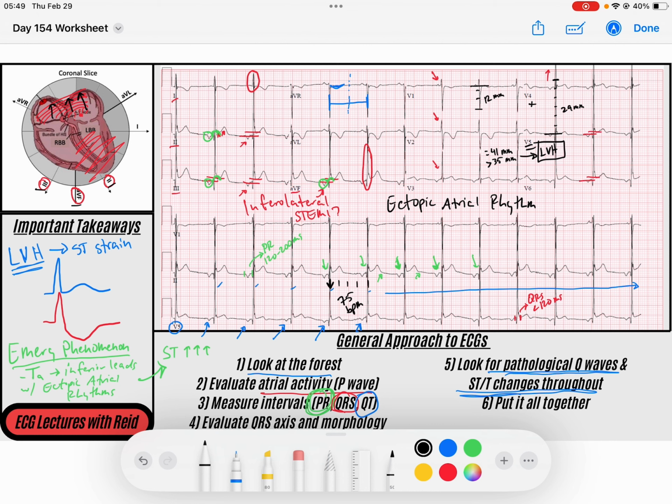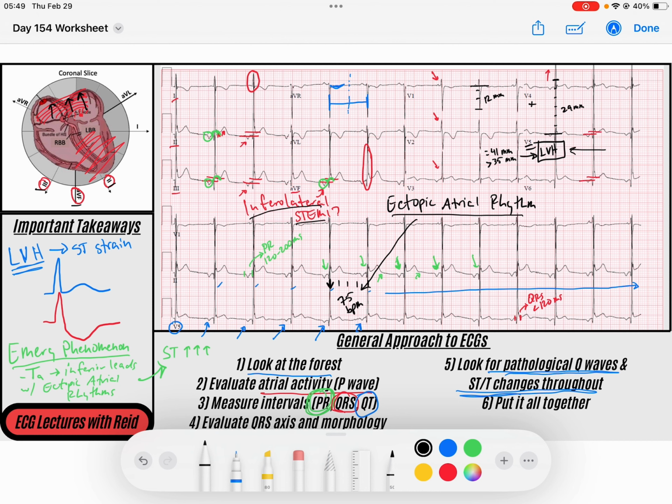And so that's what we found. And so when we put this ECG together, we have an ectopic atrial rhythm at a rate of 75 beats per minute. And then we had this evidence of left ventricular hypertrophy and some inferolateral STEMI changes.